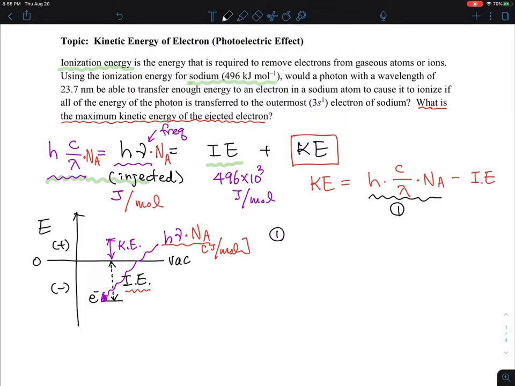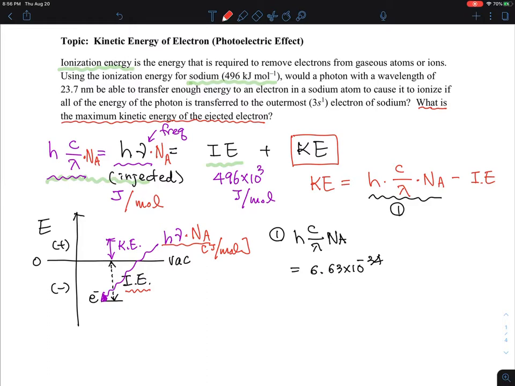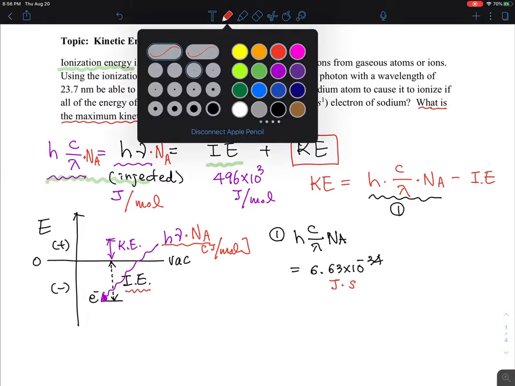So number one: h, c, lambda, and Avogadro's number. The Planck constant is 6.63 times 10 to the minus 34, and that is in joule times second, so keep an eye on the unit.